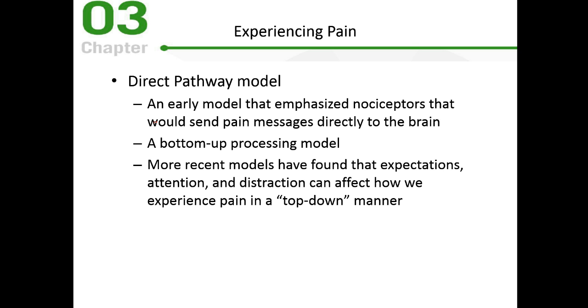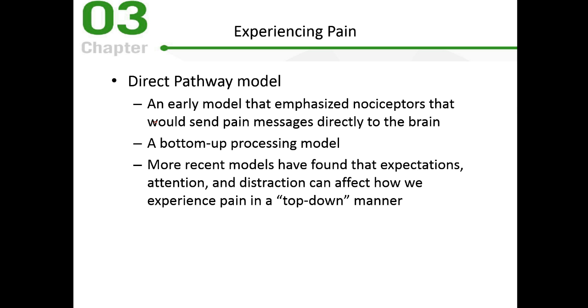More recent models have found that our expectations, our attention and distraction can affect how we experience pain in a top-down manner. It turns out that we all experience pain differently, even the same kind of pain. I may whack you on the toe with the hammer on one day, but if I do it on the next day and I distract you, it's not going to hurt as much, right?